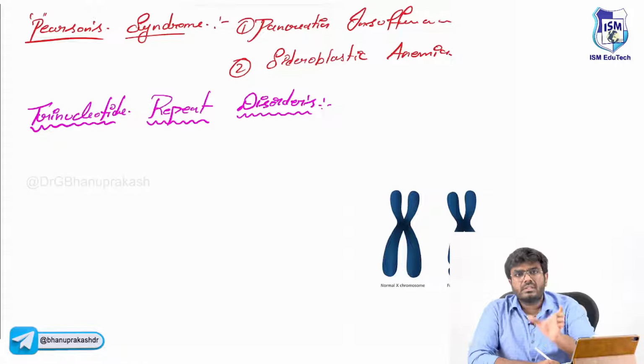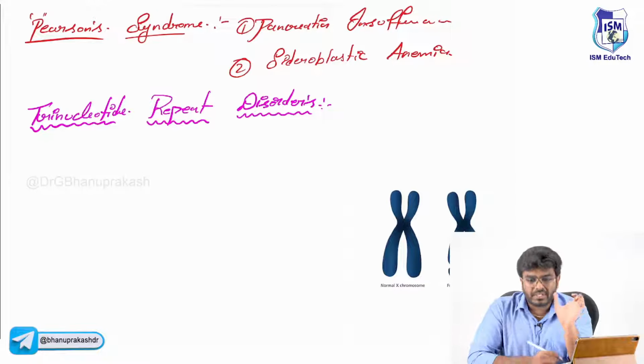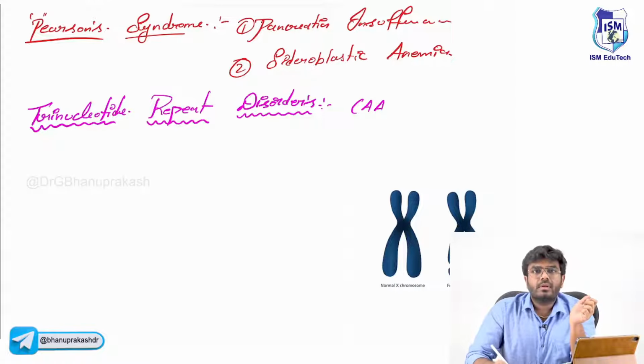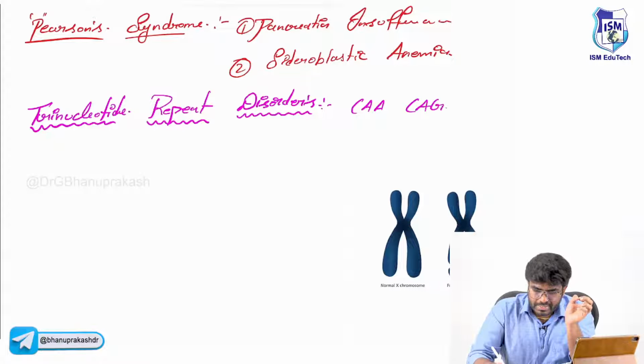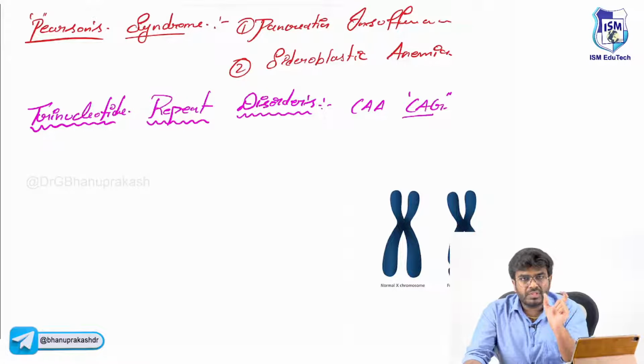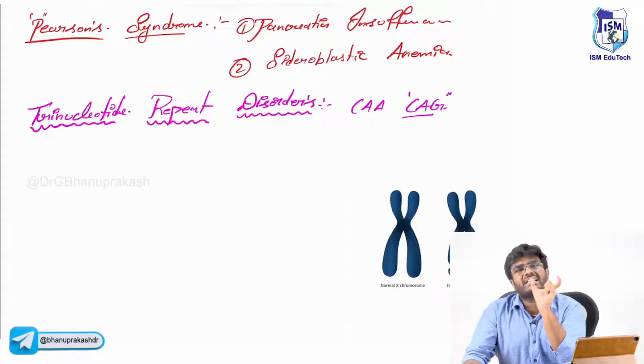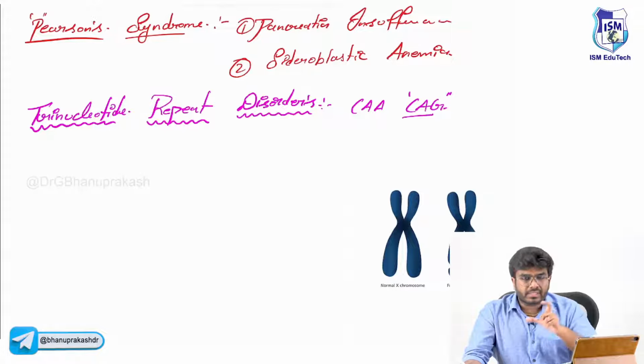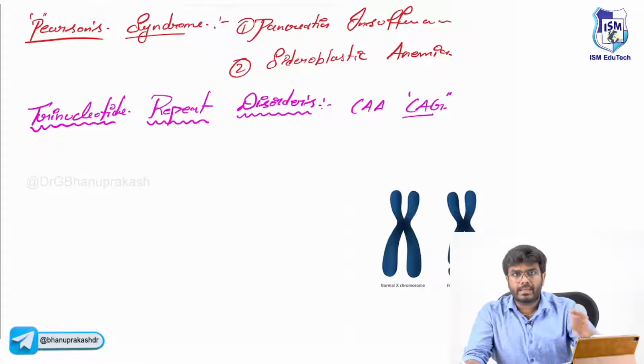The trinucleotide repeats in the DNA, for example, CAG. Three nucleotides together are called a trinucleotide. These trinucleotides are going to repeat thousands and thousands of times. The same trinucleotide repeat is going to repeat again and again. Normally it should be CAG, CAA, CGA, CTG, something like that.